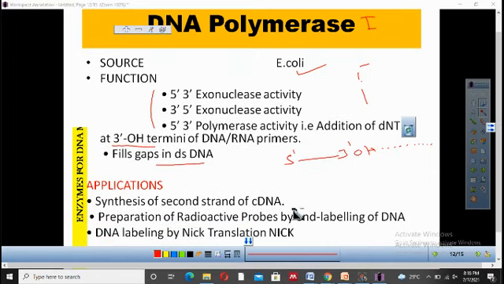Of course, the synthesis of cDNA, preparation of radioactive probes by end labeling, and DNA labeling by nick translation. I will tell you later what nick translation is.